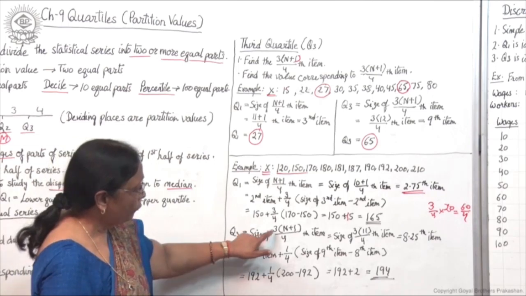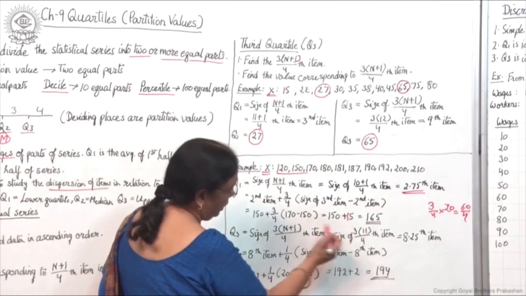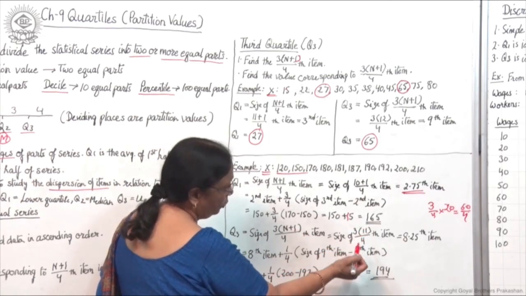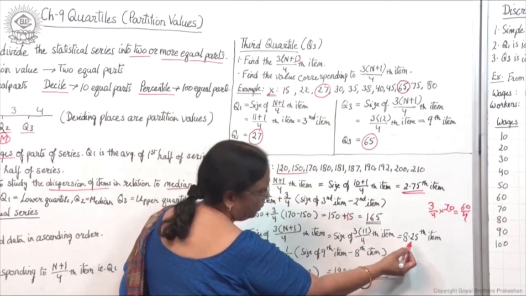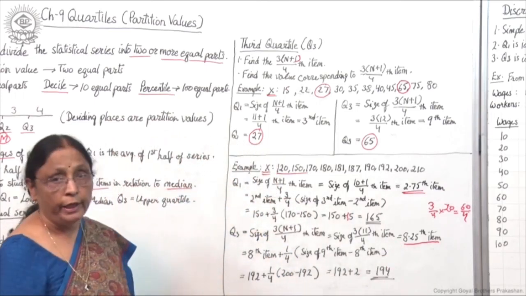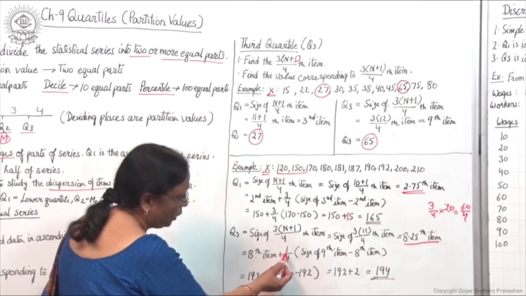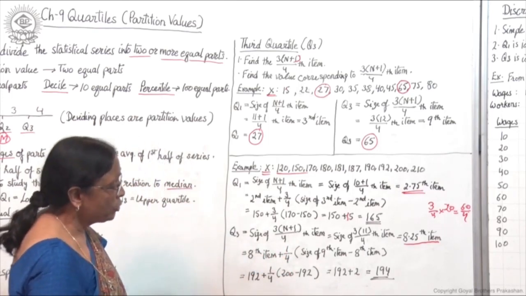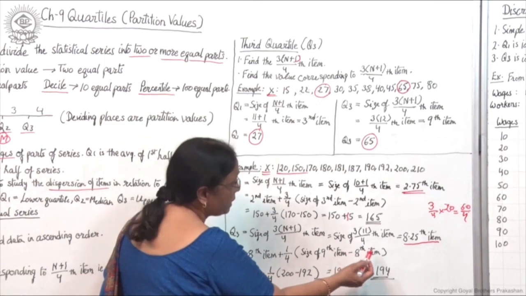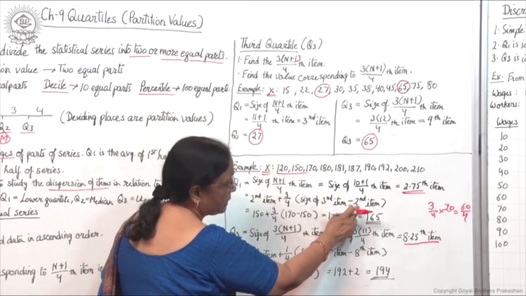Q3, size of the 3(n+1)/4th item. 3 into n plus 1 is again 33 upon 4, this is the 8.25th item. Now the 8.25th item, this is the 8th item plus 1 upon 4. In this case also it is the 9th item minus the 8th item. In the case of 3/4 you took the third item minus the second item.